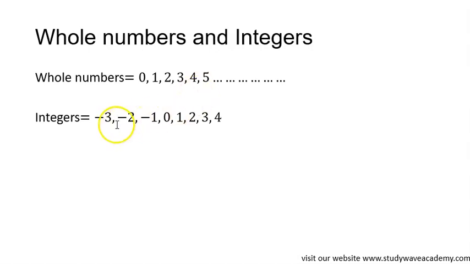But integers are all positive and negative whole numbers, okay, including 0, -3, -2, -1, 0, 1, -20, -30, -100. They are all integers, okay? Integers include all positive and negative whole numbers, okay? Do you understand that?